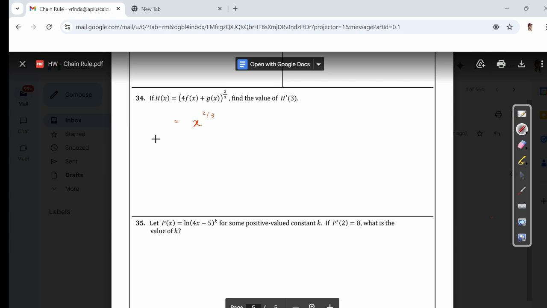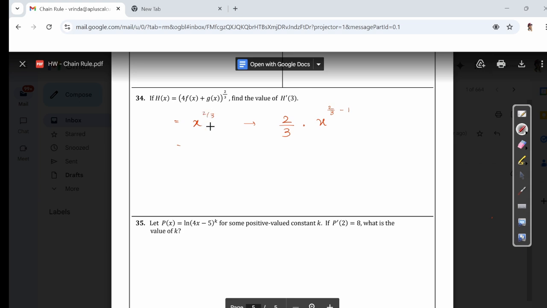No, you bring 2 over 3 in the front, and x raised to 2 over 3 minus 1, right?